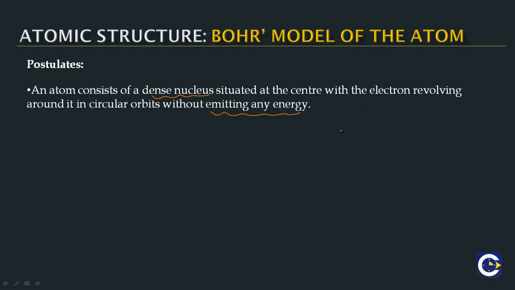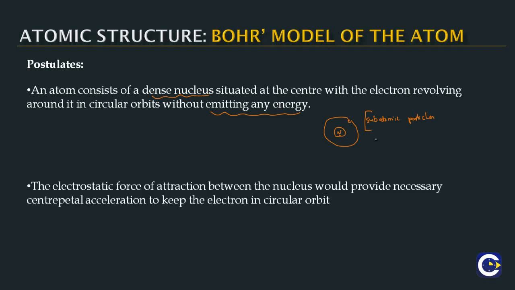But what Bohr has proposed is that this law of electromagnetic waves is applicable to all the fundamental particles or all the charged particles, but not to the subatomic particles, which means this law is not valid for the particles inside the atom. So this is one of the important assumptions of Bohr's model.